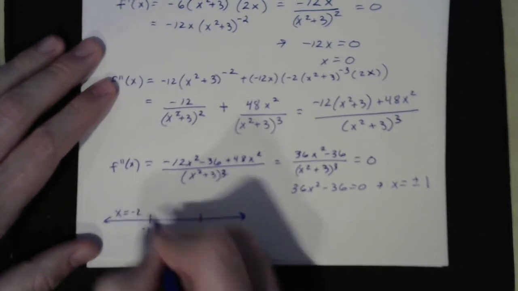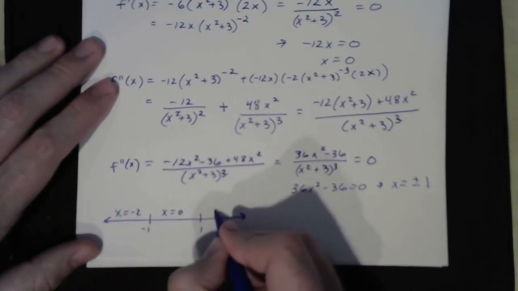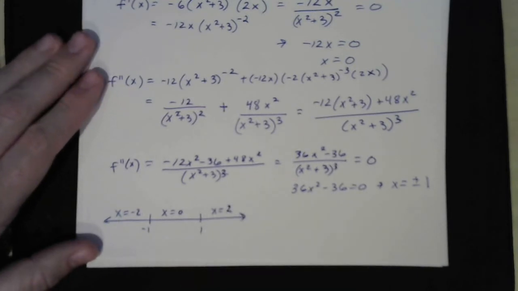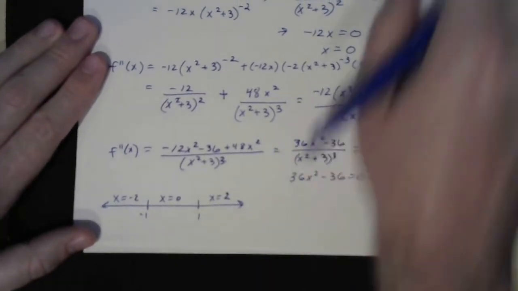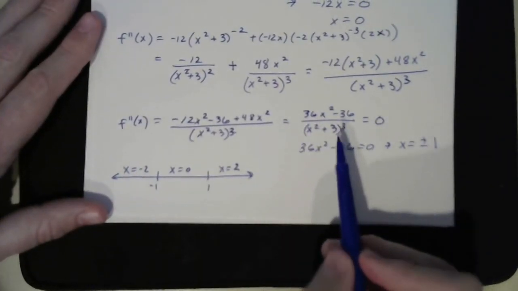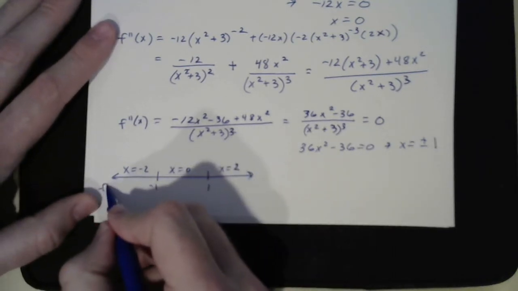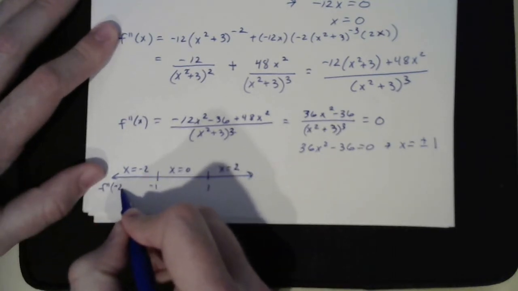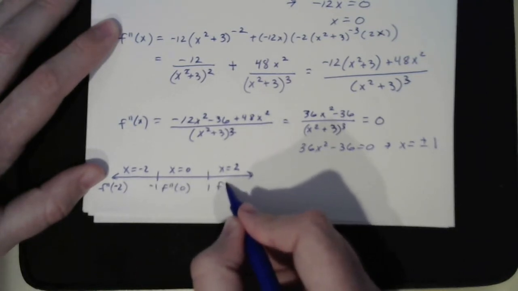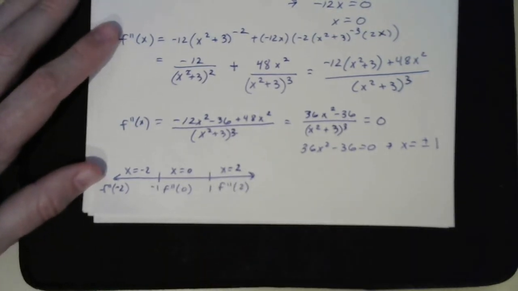So I'm going to pick -2, I'm going to pick 0, and I'm going to pick positive 2. And so now when we plug these in, we're plugging these into the second derivative. So we're looking at f double prime of -2, f double prime of 0, and f double prime of positive 2.